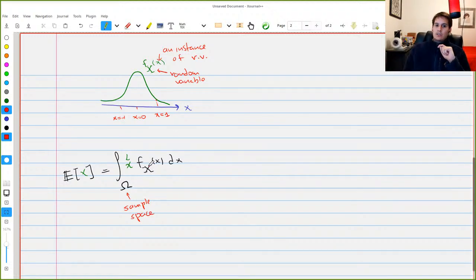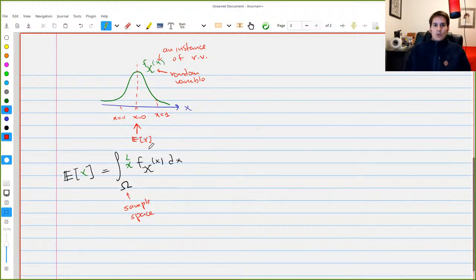And it depends on the probability density distribution. And what it gives you in this example is, for example, this value here. The most likely value of x is this one at the center. So this will give you the expected value of x.